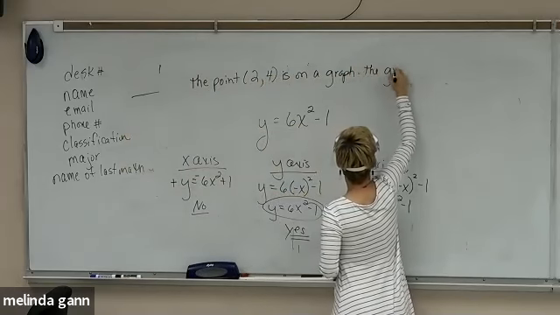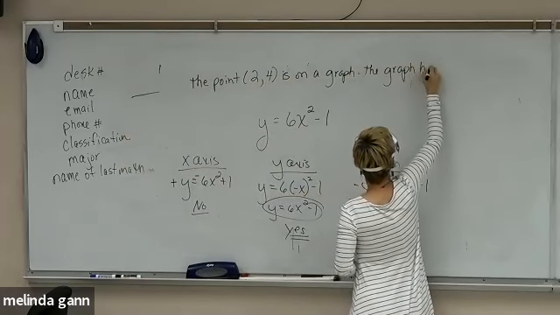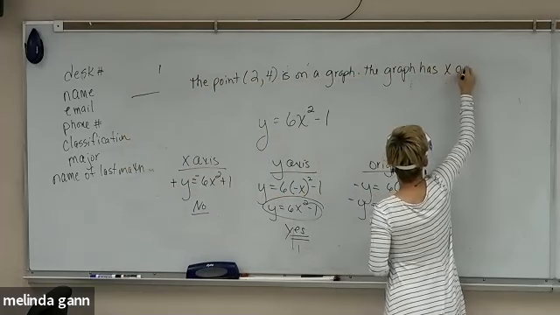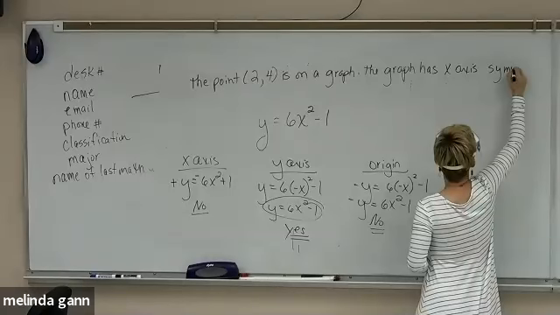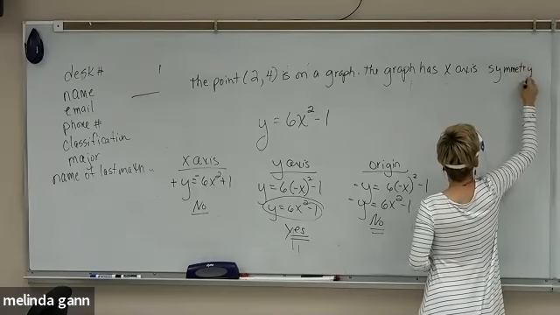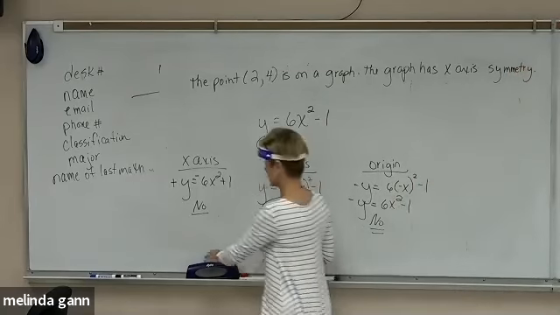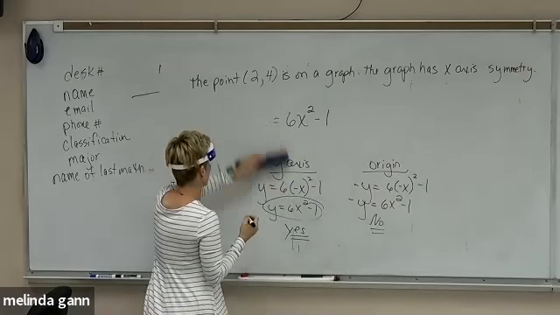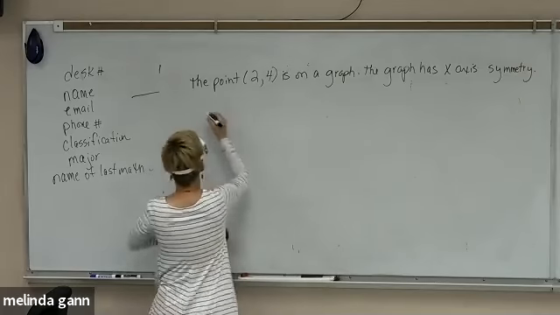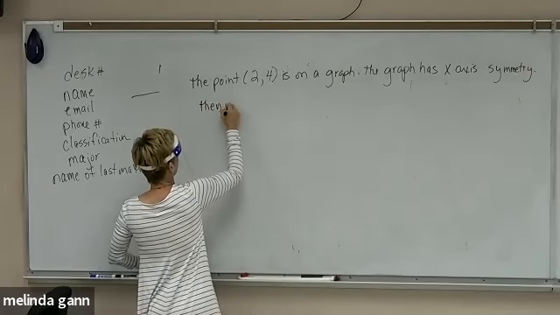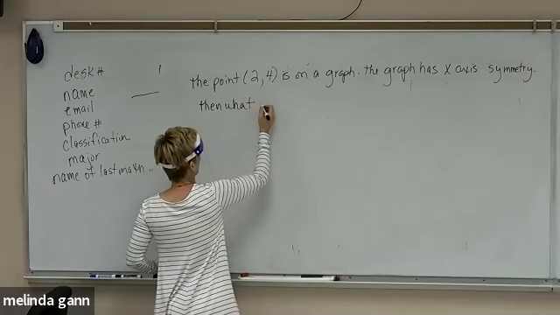The graph has x-axis symmetry. All right. And here comes the question. Then what other point must be on the graph?